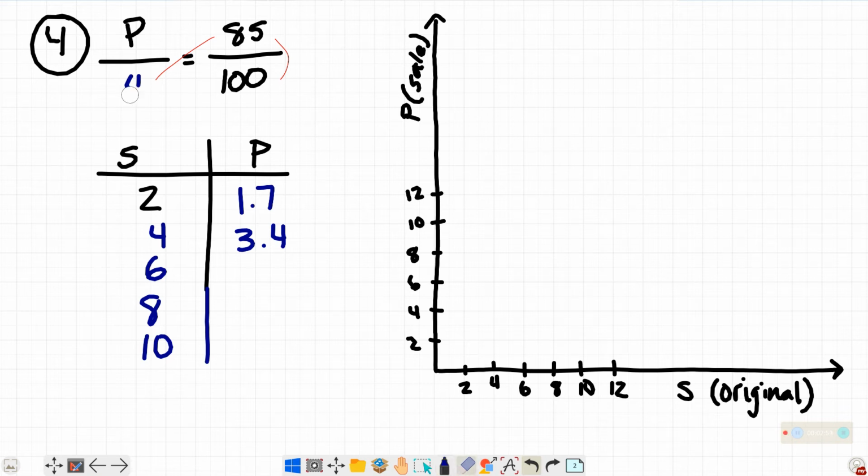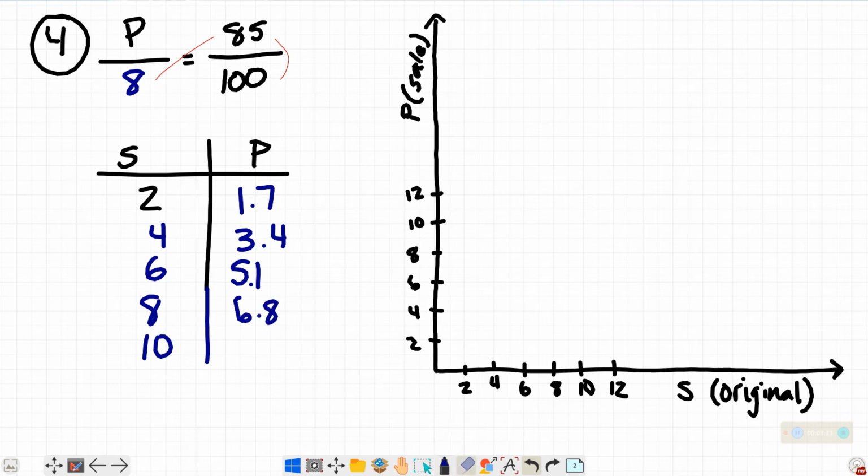If I swap this out with a 6, we would do 6 times 85 and divide it by 100. Then we could swap it out with an 8. And 8 times 85 divided by 100 is 6.8.